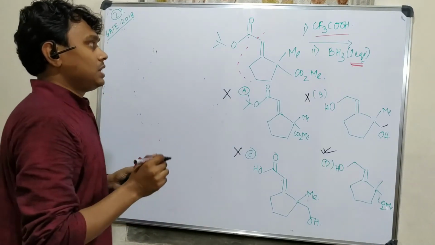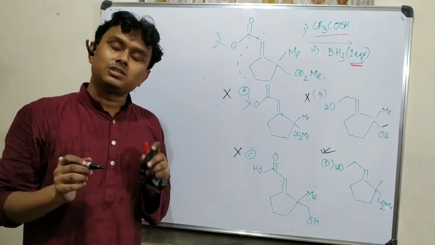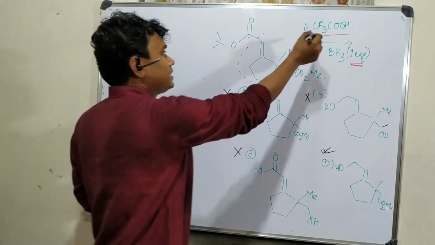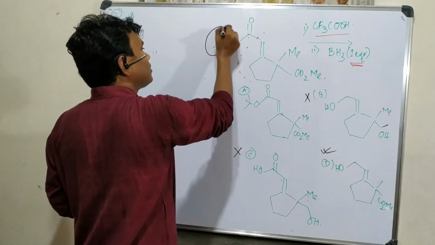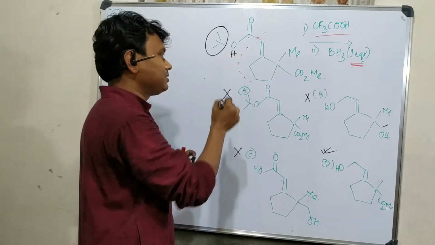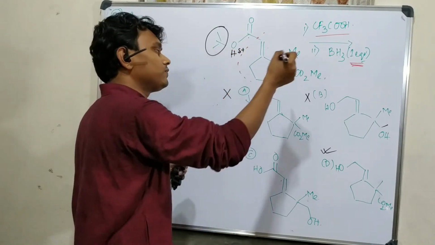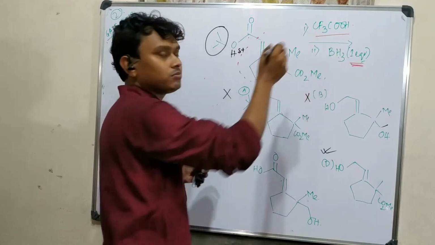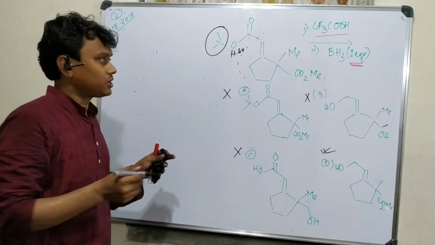First of all, for that you need precise knowledge about the reagent. CF3 will hydrolyze BOC to form carboxylic acid. Second, a carboxylic acid, which contains a delta positive proton, will first consume one equivalent of hydrogen from BH3. That calculation I gave just some time before.